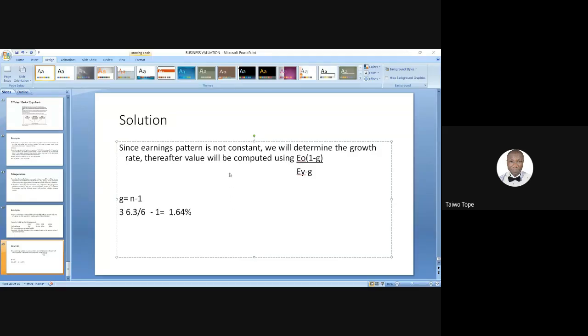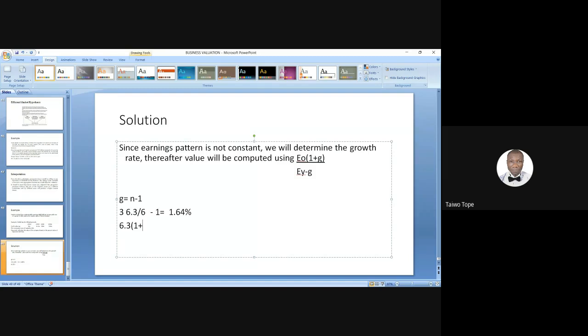So moving back to this formula here, your current earnings or profit is what? Current profit is 6.3, right? Into the bracket of 1 plus, it's not minus, please, it's plus. 1 plus what? 1.64.